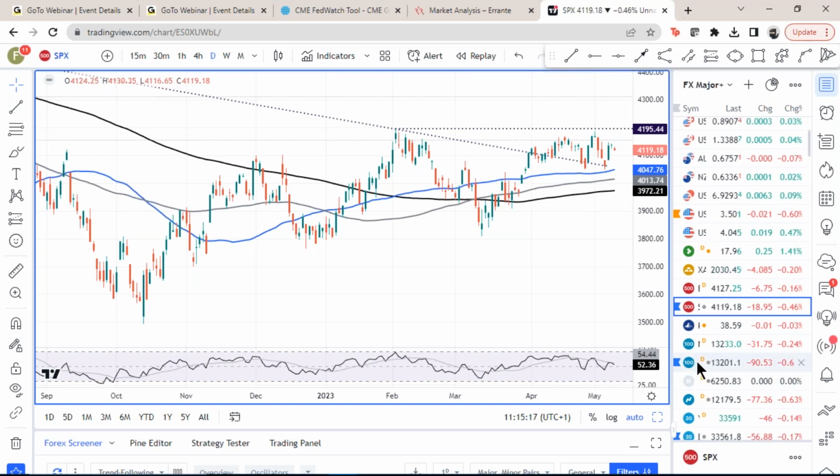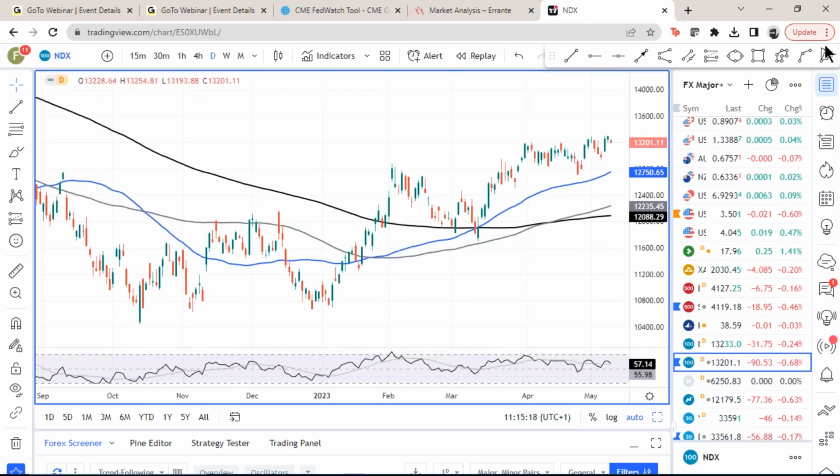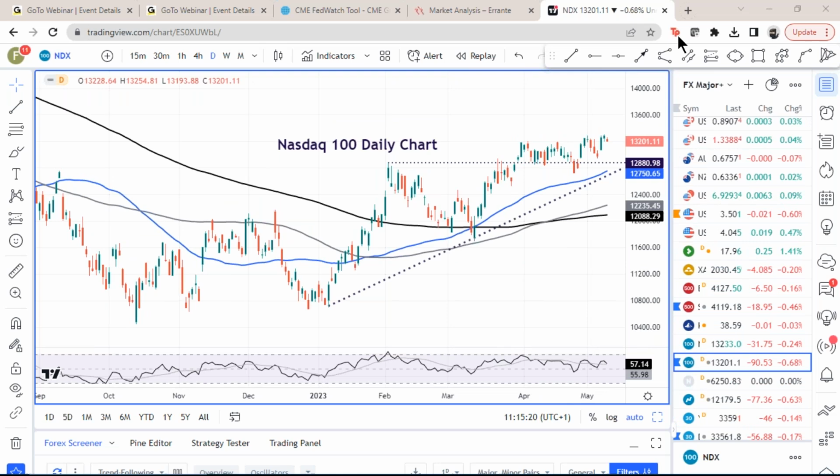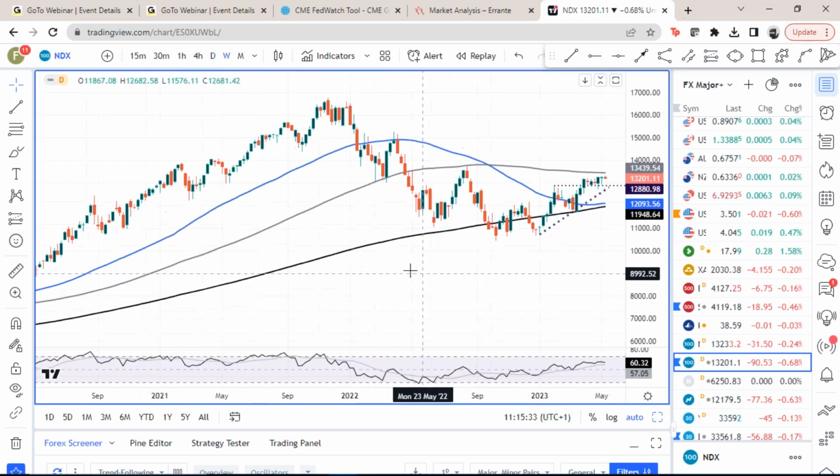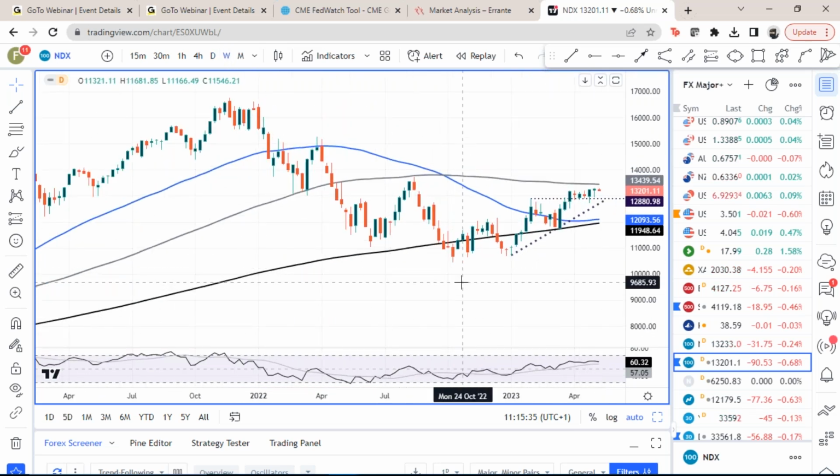As for the NASDAQ, sorry, just bear with me one second. Yeah, so the NASDAQ, just checking what you can see here. If we just go to the weekly, you can see it looks pretty constructive.